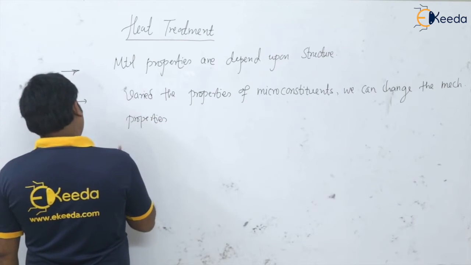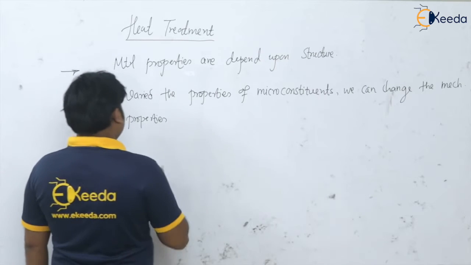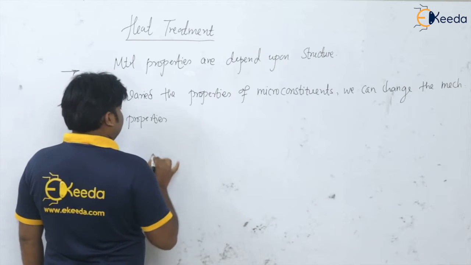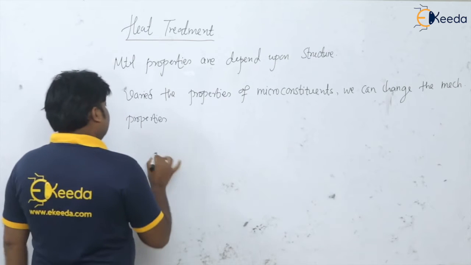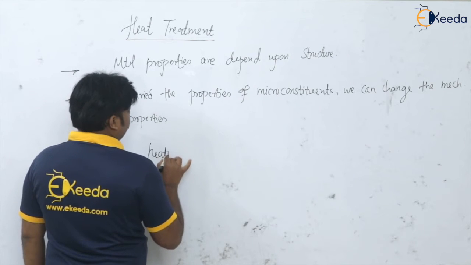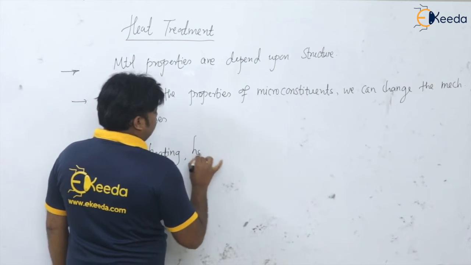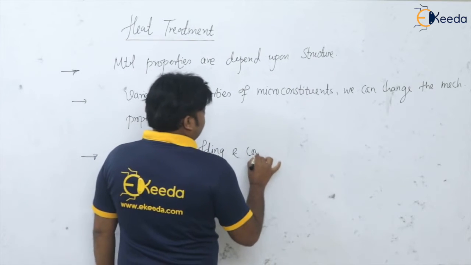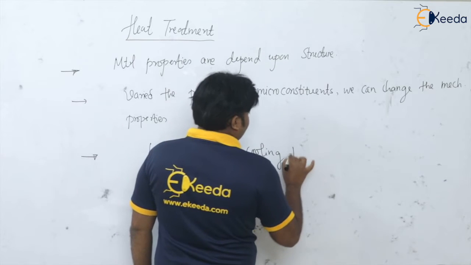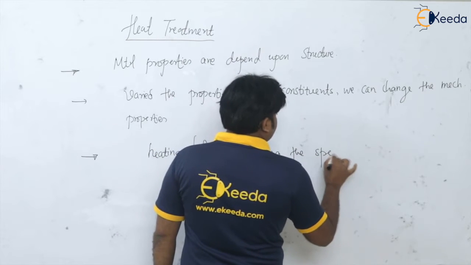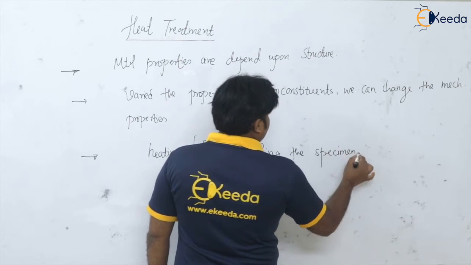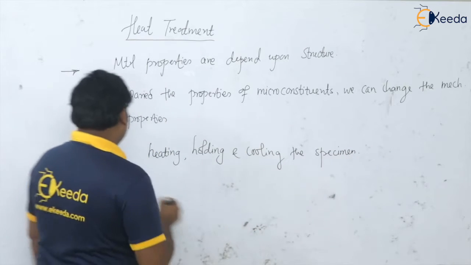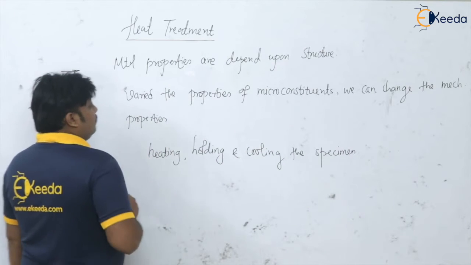And third thing is that we are doing this heat treatment in such a manner that we are heating, holding or soaking, also called soaking, and cooling the specimen to get the desired properties in the material, isn't it?